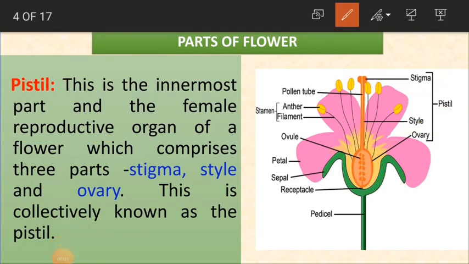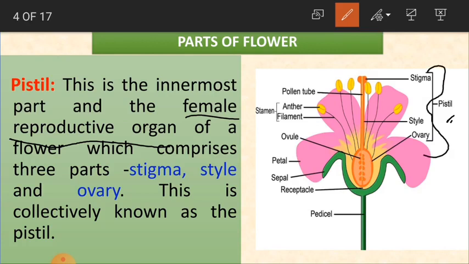Yes, children, as I said, the innermost part of the flower is called the pistil, and this is the innermost part and the female reproductive organ. What is the pistil? It is the female reproductive organ of a flower which comprises three parts, that is stigma, style and ovary. Observing, children?